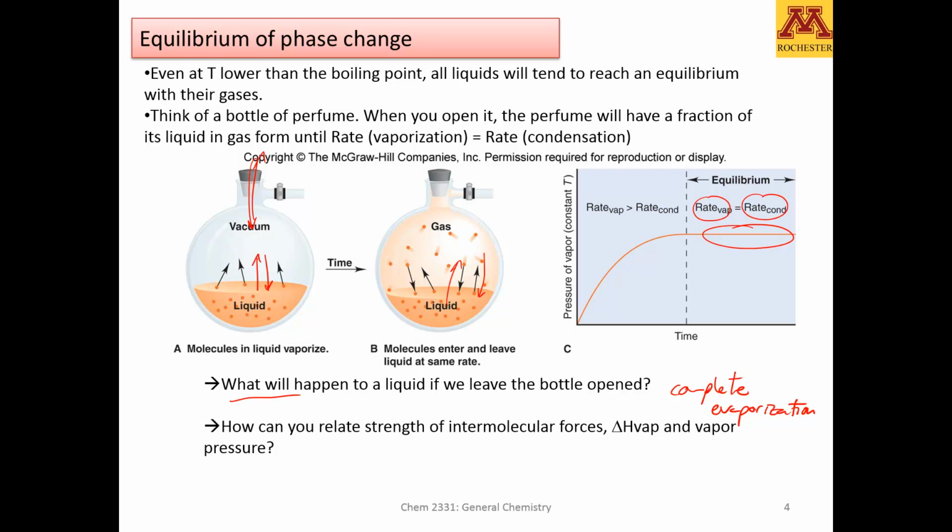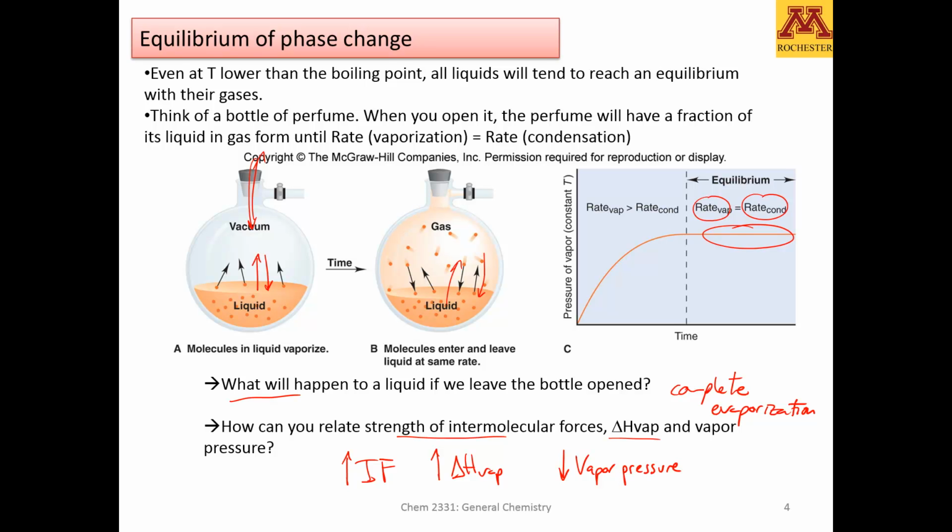So how is that related to the specific kind of liquid? How can you relate strength of intermolecular forces, enthalpy of vaporization, and vapor pressure? Well, you can imagine that the stronger the intermolecular forces, you already know that the higher the enthalpy of vaporization, that is the higher the energy that it takes to vaporize that compound, and therefore at that given temperature the lower will be the fraction of molecules in gas form.